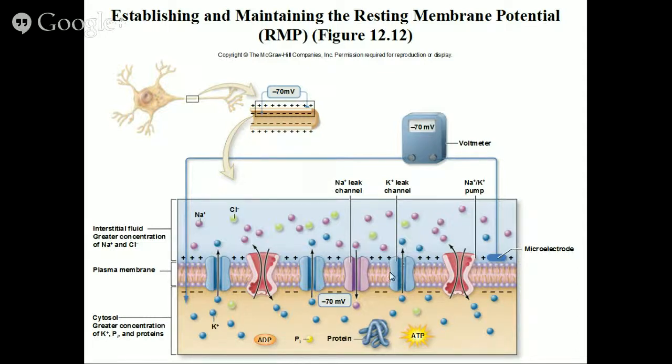All right. So basically, what we're seeing here are these positive ions, which are potassium, but look at what direction the positive ions are going. All these big potassium ions are going out.